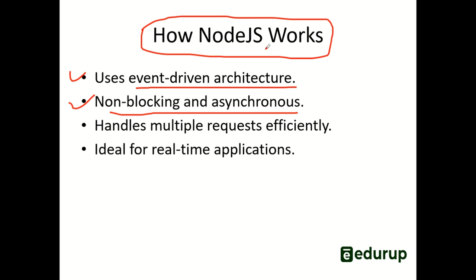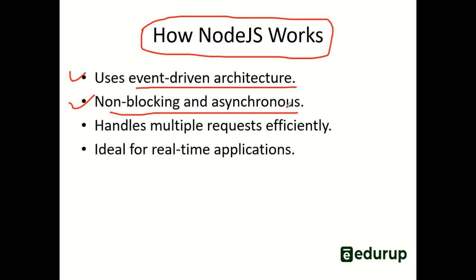Whenever the interviewer asks you, you have to say it uses event driven architecture, and it is non-blocking and asynchronous. Event driven architecture is a software design pattern where the flow of the program is determined by events rather than a predefined sequence of steps.